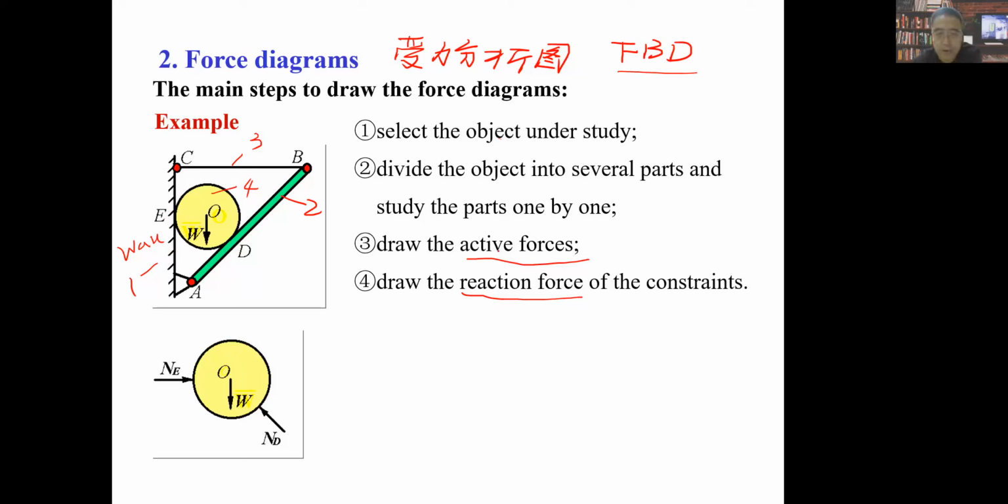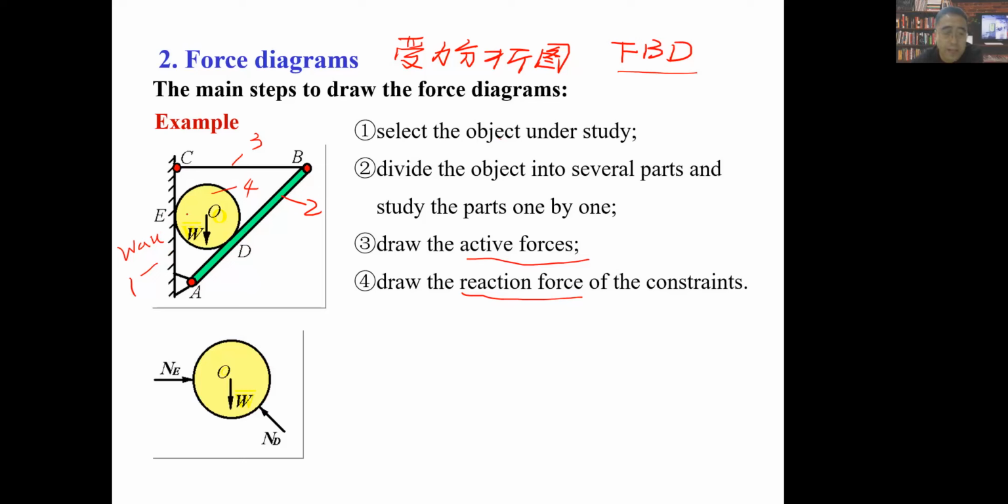And first we draw the active forces. For this ball it is very easy because it only has the gravitational force W here, right? So we draw its active force, gravitational force, here. Then we should thoroughly find how many and what kind of constraints this ball has with other objects in the whole system.